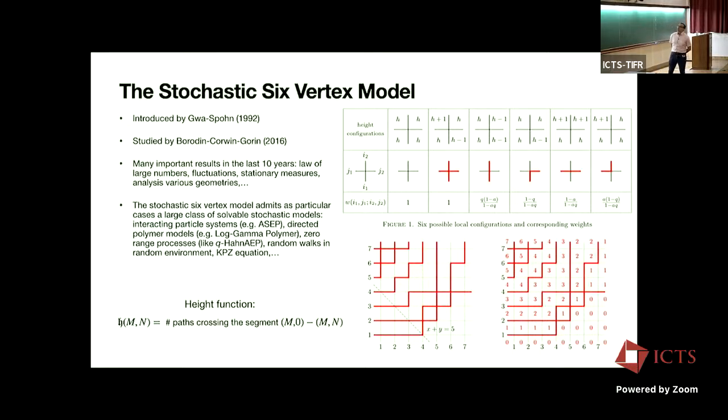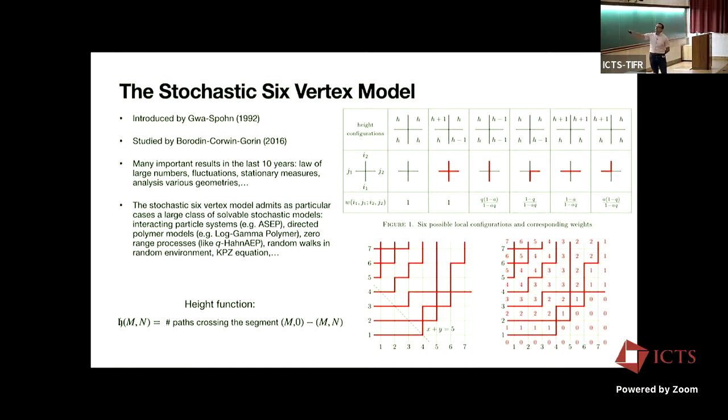Recently, this model was made popular and solved even further by Borodin, Corwin, and Gorin, who used the Bethe ansatz solvability to derive the law of large numbers and a certain version of the central limit theorem for this model, for the one-point fluctuations of the height function.